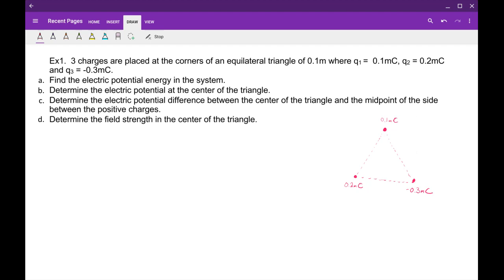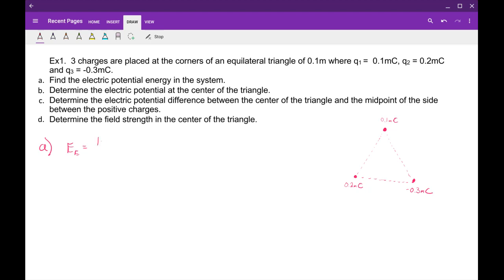The total amount of kinetic energy that they would end up getting could be calculated by determining the electric potential energy of the entire system. And so to determine the electric potential energy, all you have to do is add up the electric potential energy of each pair.